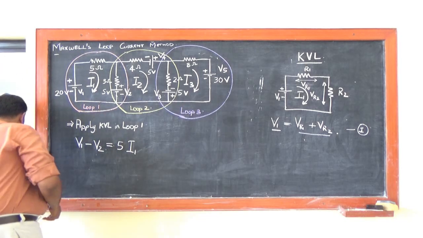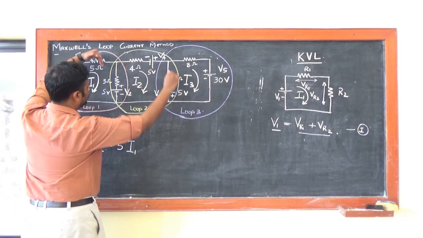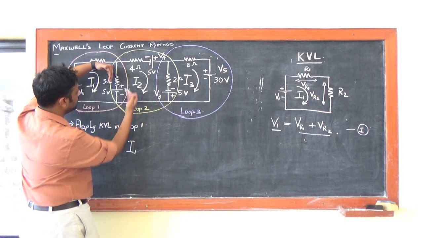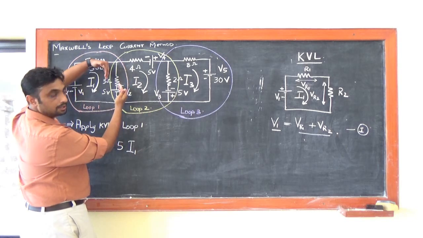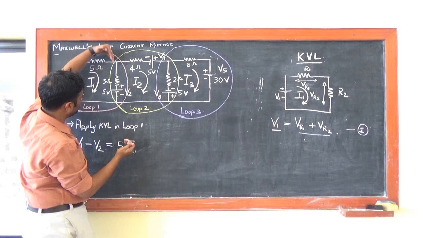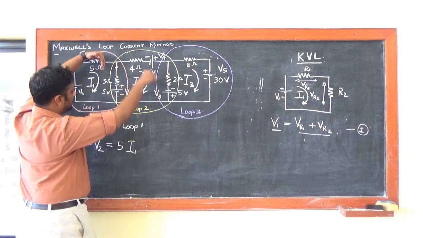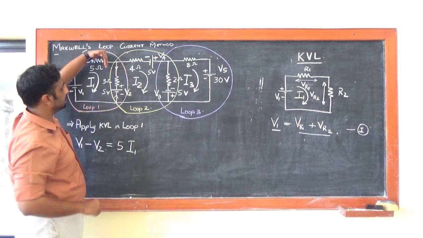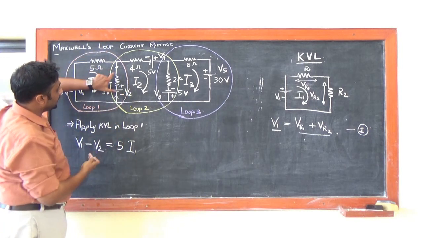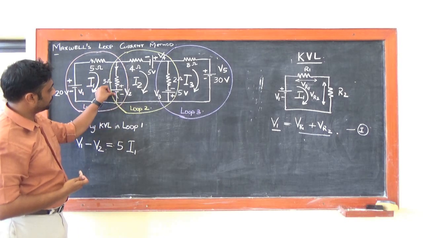I1 is basically flowing from this direction and I2 is flowing from this direction. So we have two directions, I1 and I2. This is flowing clockwise, this is also flowing clockwise, but from here. So you have I1 flowing like this and I2 flowing this way. So the effective current would be I1 minus I2.